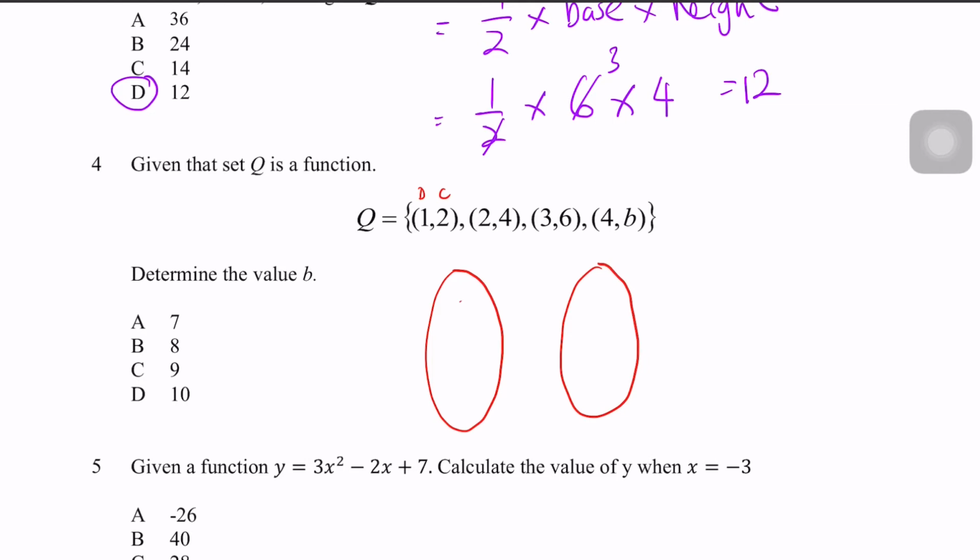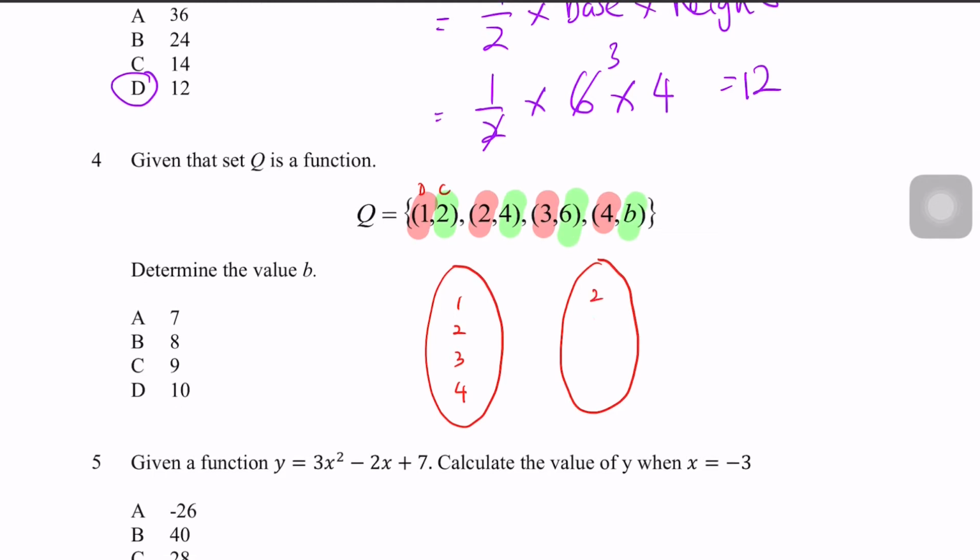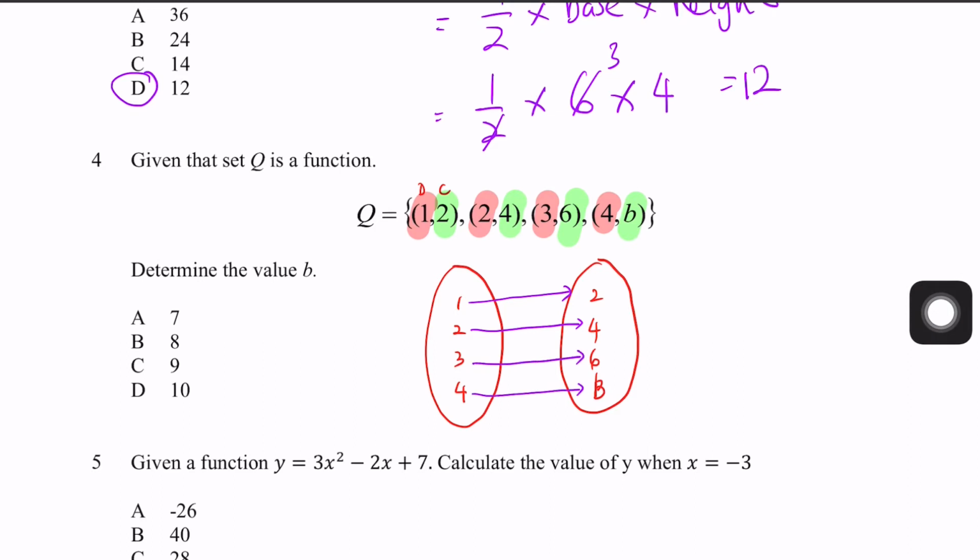Over here we have 1, 2, 3, 4, and for the codomain we have 2, 4, 6, B. Kita tahu dia map macam ni: from 1 it becomes 2, 2 becomes 4, 3 becomes 6, and 4 becomes B.